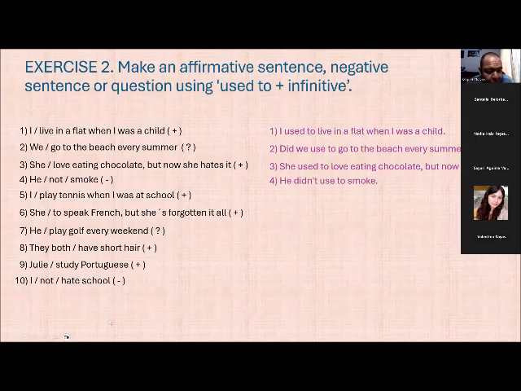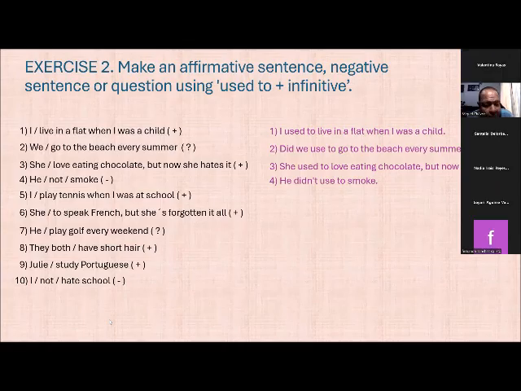A volunteer for number 5, please. Valentina, please help us. I used to play tennis when I was at school.